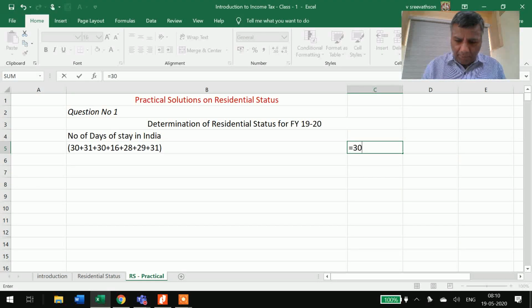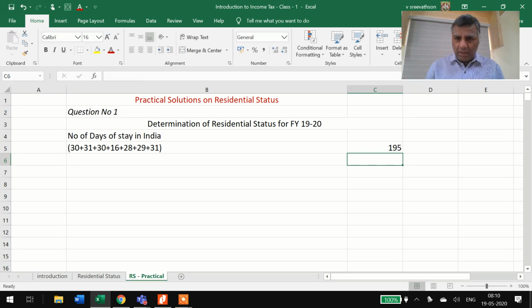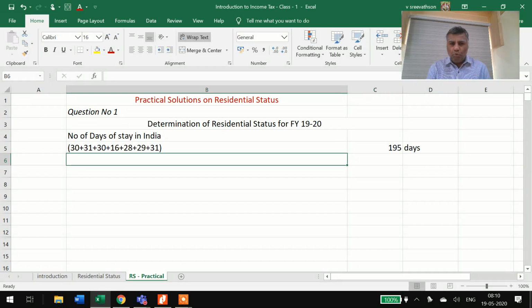April plus May plus June plus July plus January plus Feb plus March: number of days in India is 195 days.